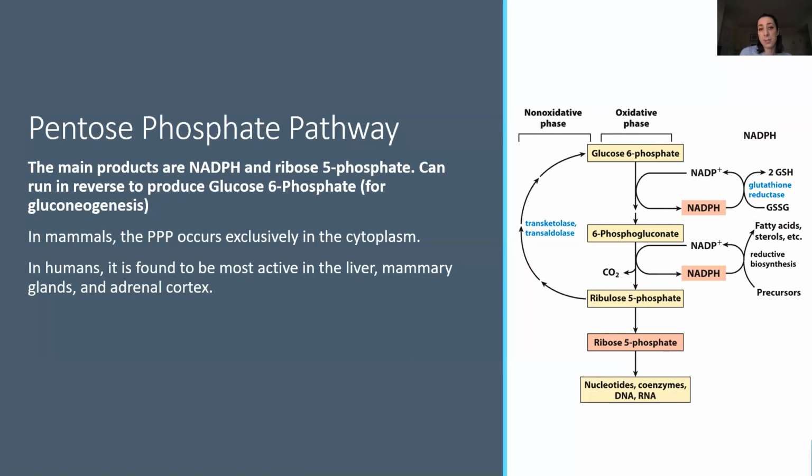Now, the reverse of this pathway can actually produce glucose 6 phosphate, which is the second molecule in glycolysis. And of course, glucose 6 phosphate can be used for gluconeogenesis. It can help generate our final product of glucose, or it can be shuttled back and be used to break down through glycolysis. So we can actually build glucose 6 phosphate up through gluconeogenesis via the reverse of this pathway.